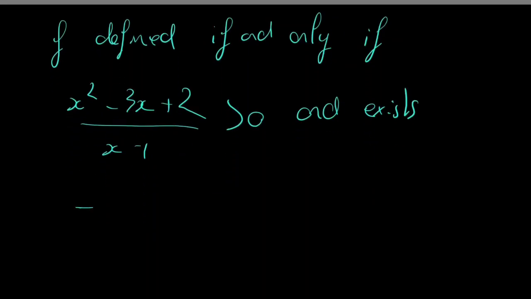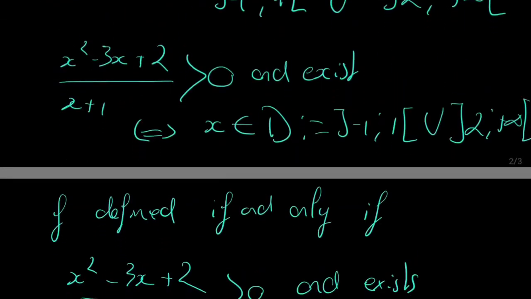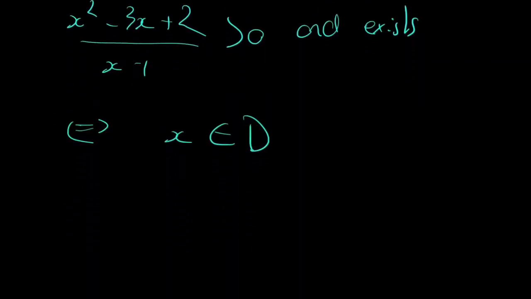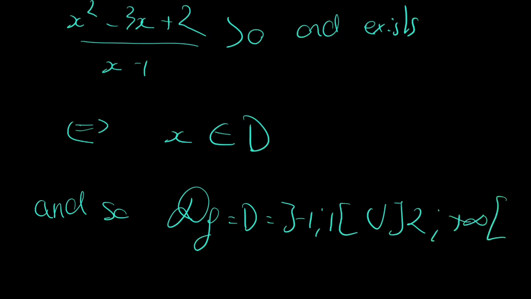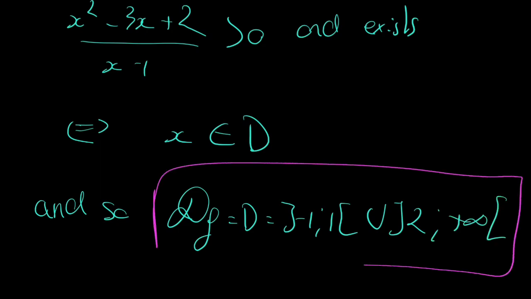And so this is equivalent to x in D, which is this set. And so we can conclude by saying that the domain of definition of f is equal to D, and it's equal to minus 1, 1, union 2 plus the infinity. And we have solved our exercise.